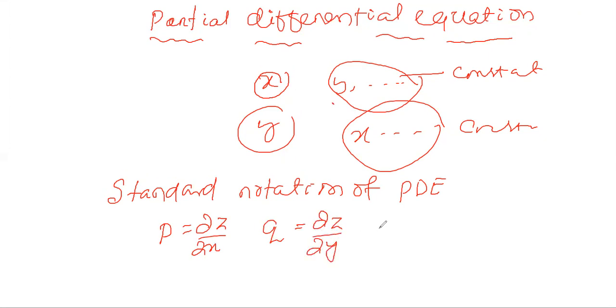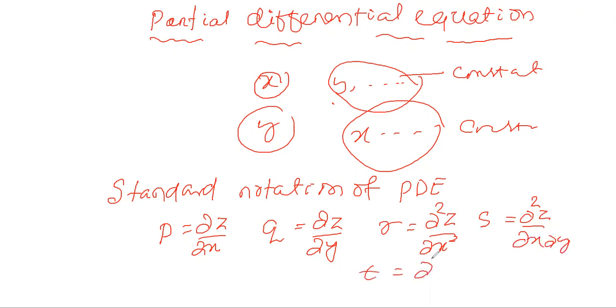R is equal to del square Z by del X square, S is equal to del square Z by del X del Y, T is equal to del square Z by del Y square. These are the standard notation of partial differential equation.